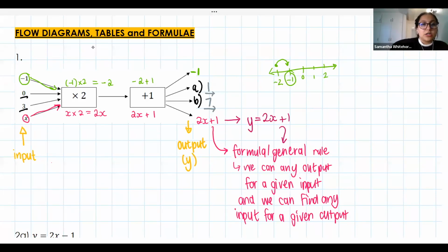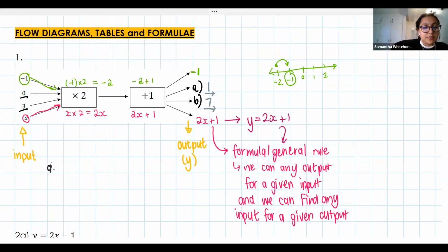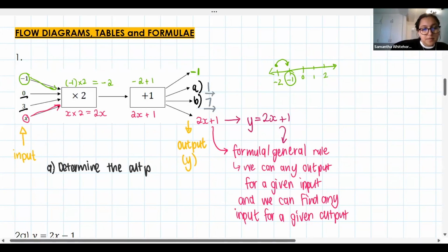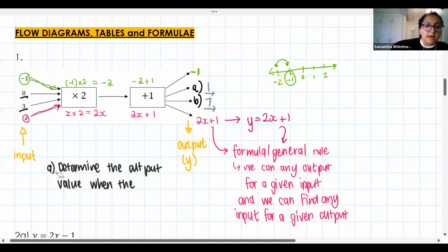So I could now ask you a sub-question or a question leading on from this that says something along the lines of determine the output value when X is equal to, we can make it anything.